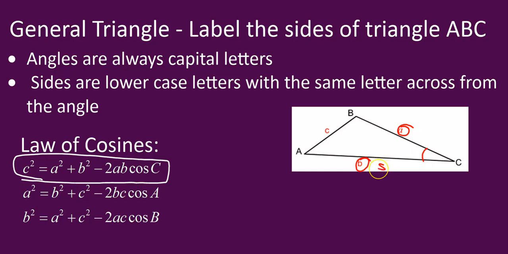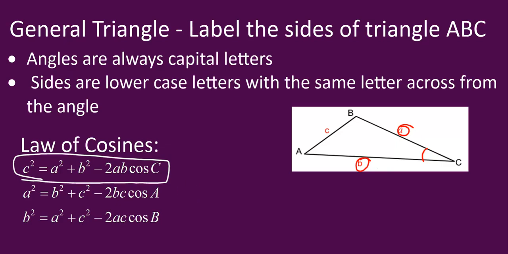We are given a side, an angle, and a side. That is why you saw at the start of the video it said SAS, because in order to use law of cosines, you have to have two sides that create one angle, the angle between them. So you have to have side, angle, side.